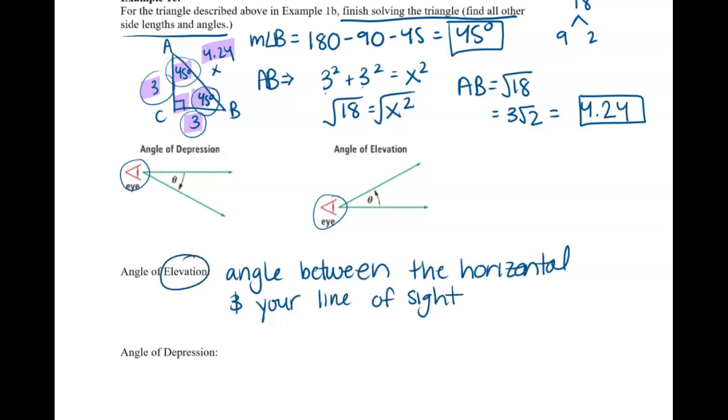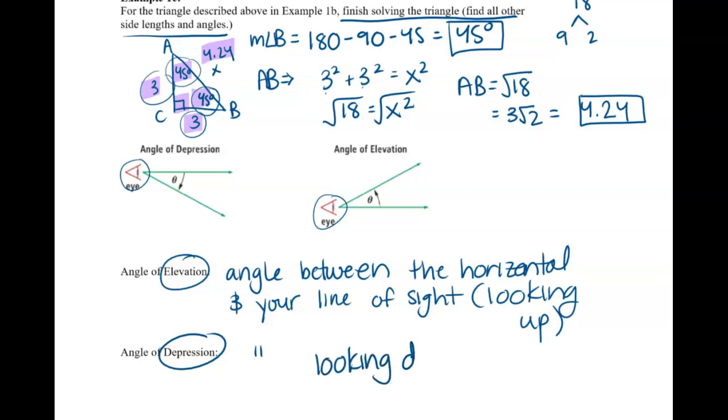And elevation is when you're looking up. I would put my arm straight out in front of me and say that's horizontal. If you're looking above your arm going straight out, that's angle of elevation. So this is looking up. Angle of depression is the same as above, but looking down. So looking straight out, say your arm, but then looking down.